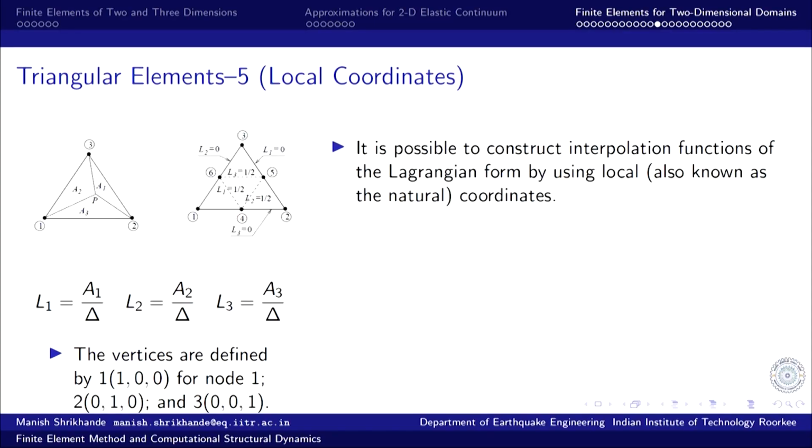Using these area coordinates or local coordinates L1, L2, L3, it is possible to construct interpolation functions of Lagrangian form. If you recall, Lagrangian interpolation just multiplies the equations of lines.